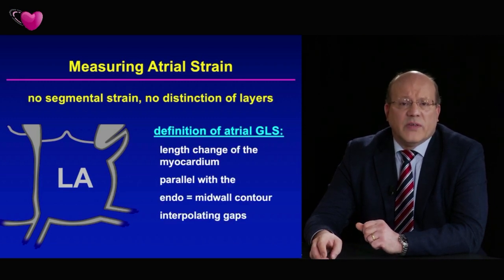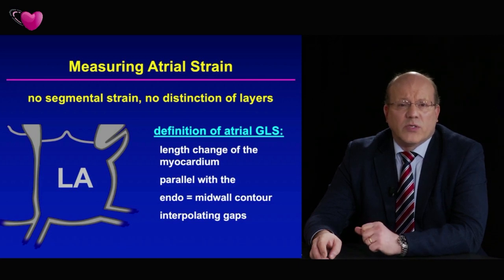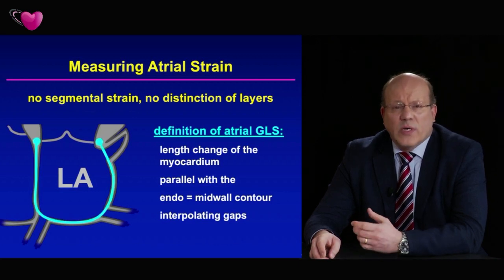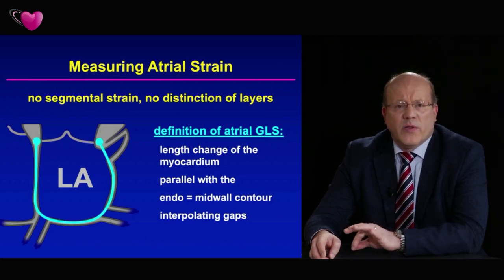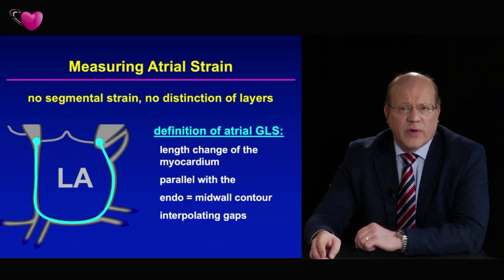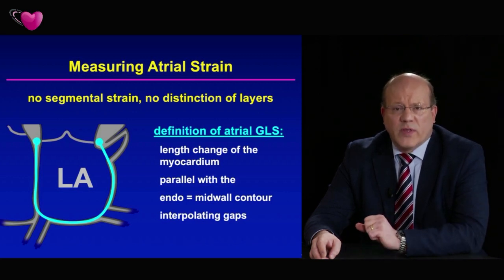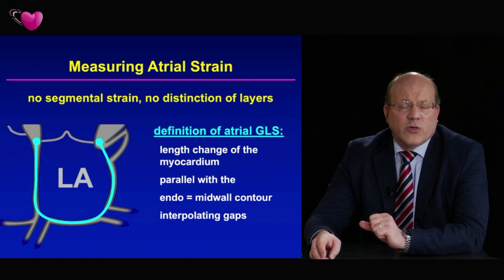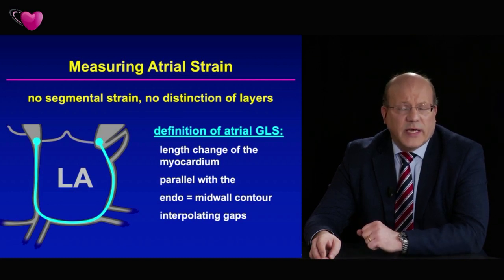And therefore, the definition of atrial global longitudinal strain is that we measure the length change of the myocardium, thought as a line that runs from the mitral ring to the mitral ring around the contour of the atrium. This line should just interpolate the gaps which are caused by the incoming veins and the appendage. And in contrast to the ventricular strains, we do not distinguish layers.